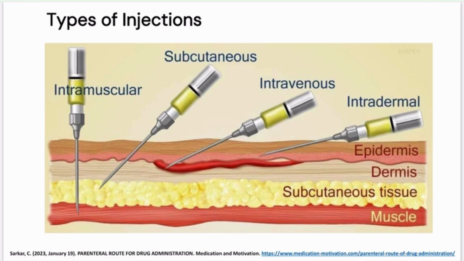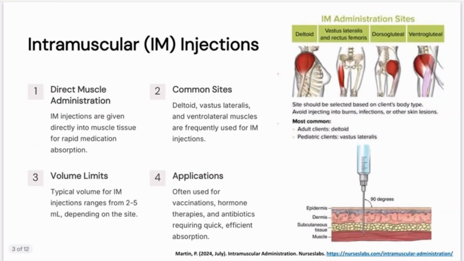Intramuscular injections are administered directly into the muscle, allowing rapid medication absorption. Common sites of IM injections include the deltoid, vastus lateralis, and ventrogluteal muscles. The typical volume limit for IM injections ranges from 2 milliliters to 5 milliliters, depending on the site.